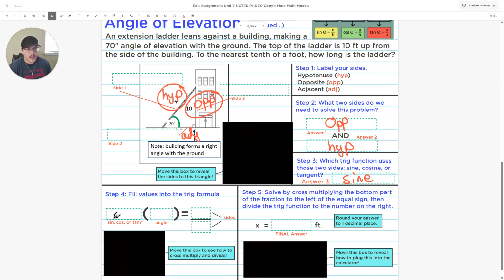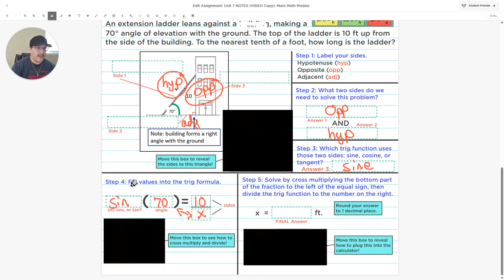So now let's create our equation. The sine of angle 70 is equal to the opposite, which is 10, divided by x. Now we're going to cross multiply, except this time we're actually going to switch these around. If you really want to know what math is happening here, I can show y'all.